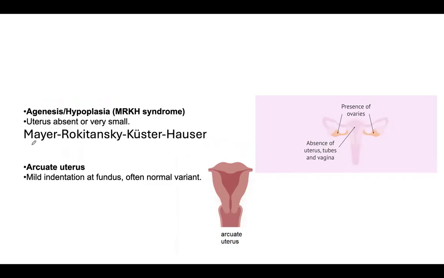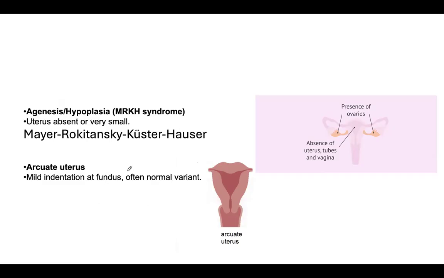In this syndrome, there is an absent or underdeveloped uterus, upper two-thirds of the vagina, or uterine tubes, but the ovaries are present. I will take another class to describe this syndrome, in another chapter.